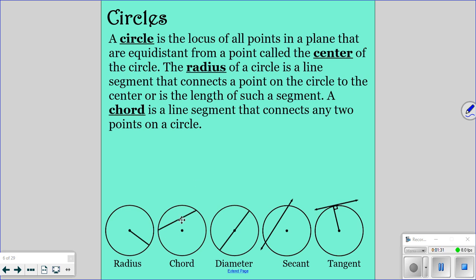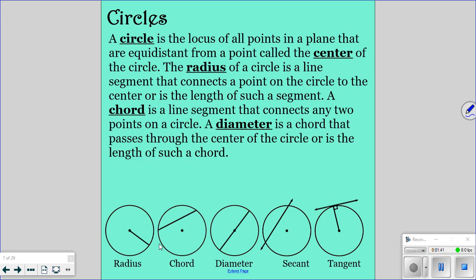So here's one chord, another chord could be here, another chord could be here. They just have to have endpoints that are on the circle. A diameter is a special type of chord, and it goes through the center of the circle. And the radius is always equal to half of the diameter, or the diameter is 2 of your radii.